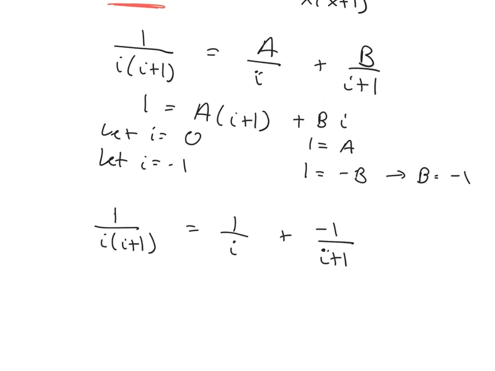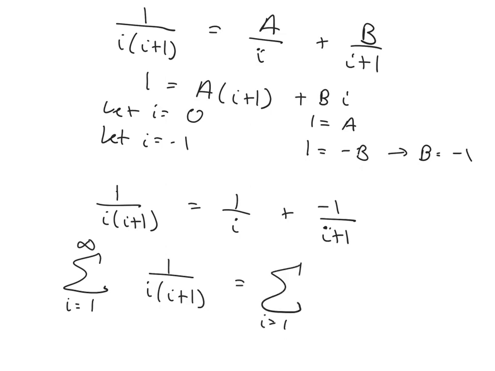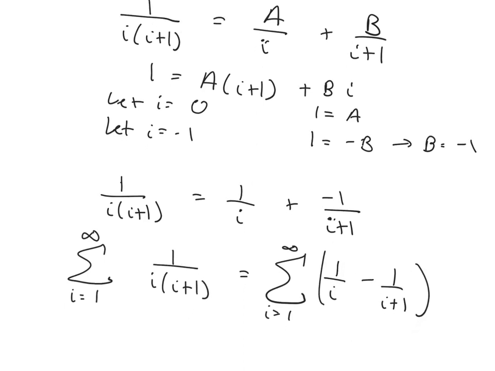So let's plug this into our series and see what it's going to tell us. I'm looking at the sum from I equals 1 to infinity, 1 over I times I plus 1. I'm now going to replace that with these fractions. Okay?